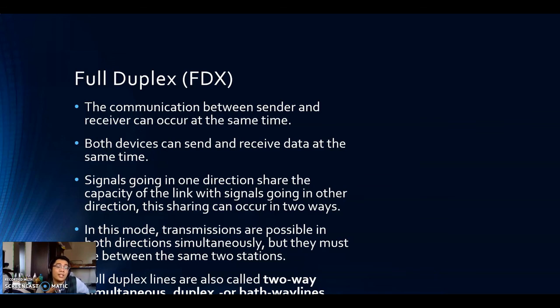Therefore, in this mode, transmissions are possible in both directions simultaneously, but they must be between the same two stations. And for your further information, full duplex lines are also called two-way simultaneous, duplex, or both-way lines.